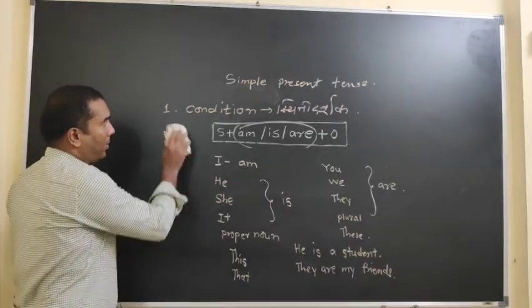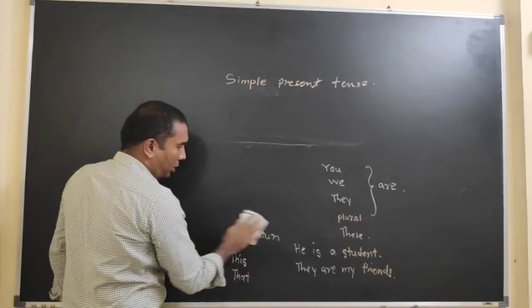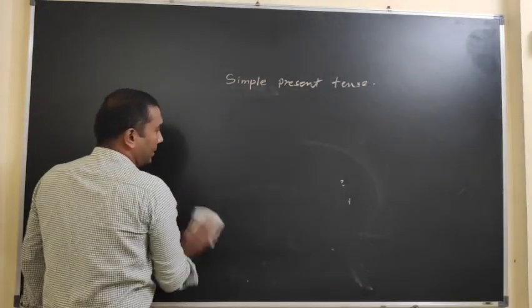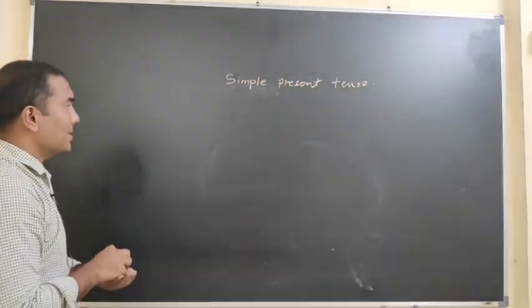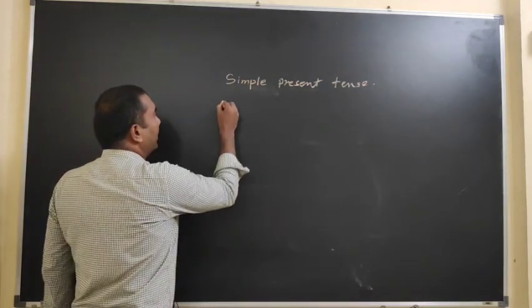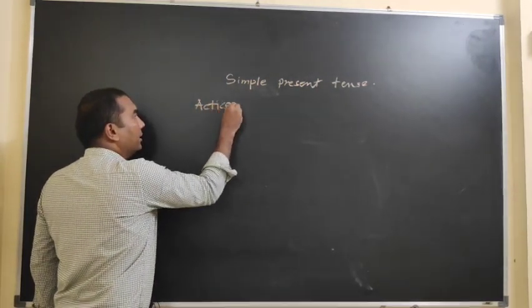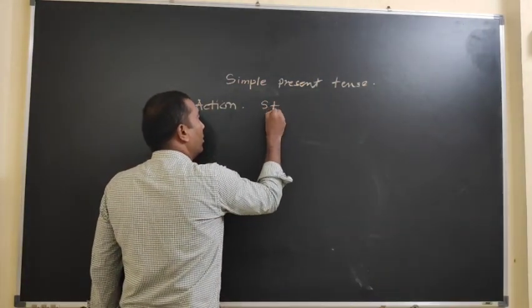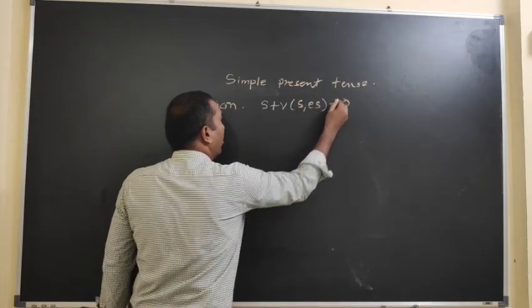Now the most important part that we have to watch is how we have to use s and es in the second formula, the formula of action. The formula will be subject, verb s and es, plus object.